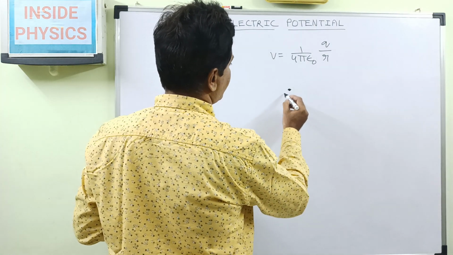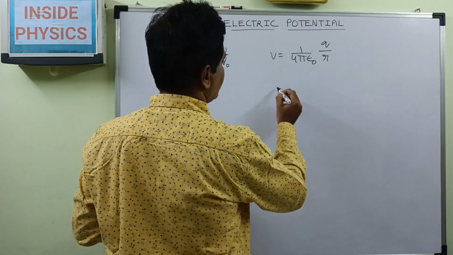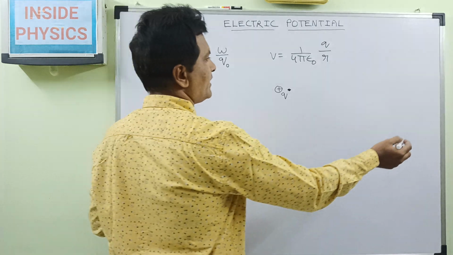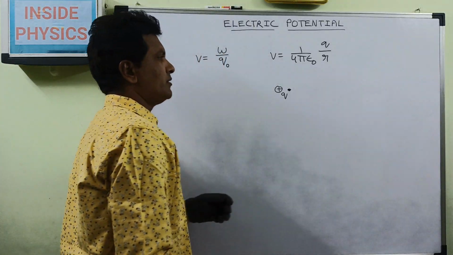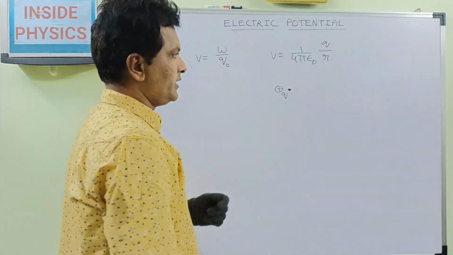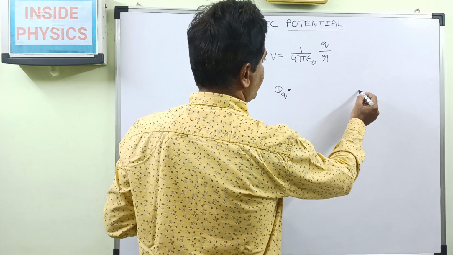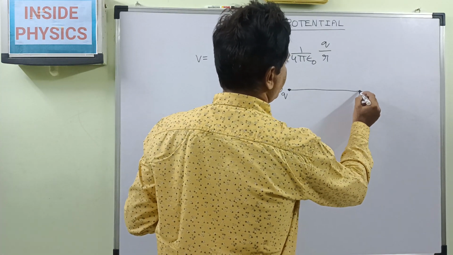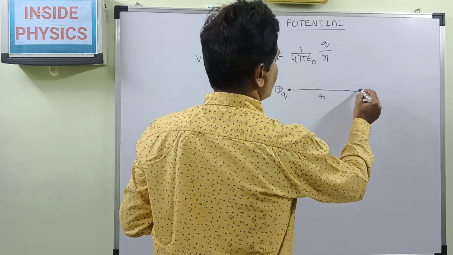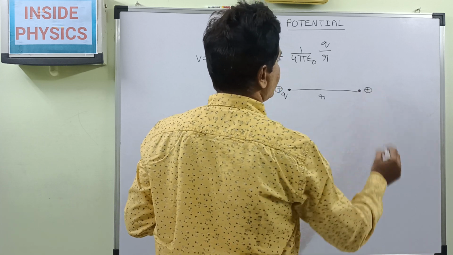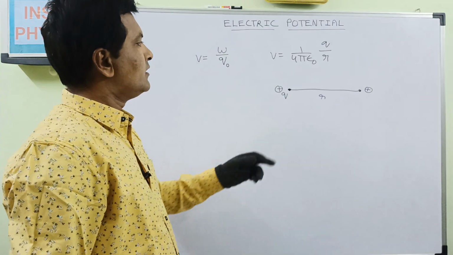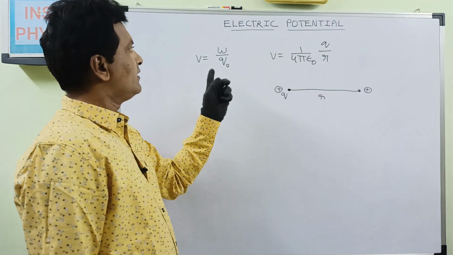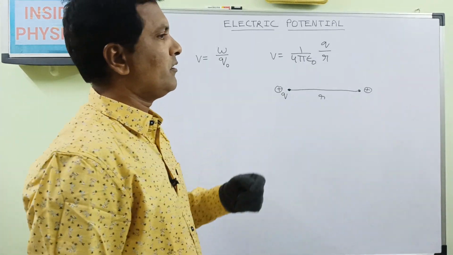In the diagram, suppose this is a charge Q and we are bringing a unit positive charge from so far, from infinity, to a point here where the distance between these two will be r. So this is a unit test positive charge. In this way the potential can be represented with these two formulas.